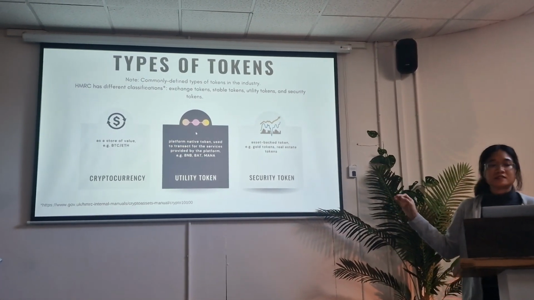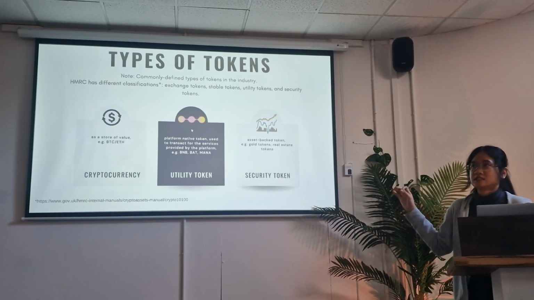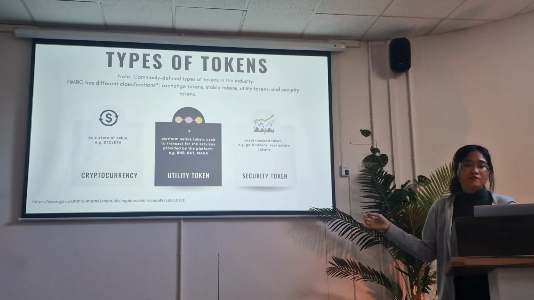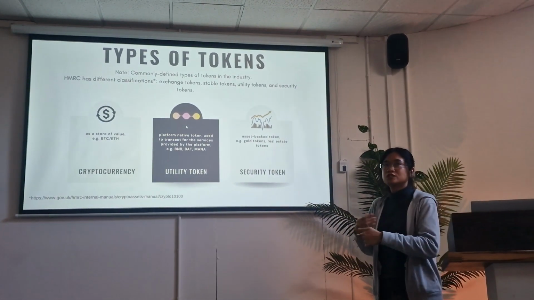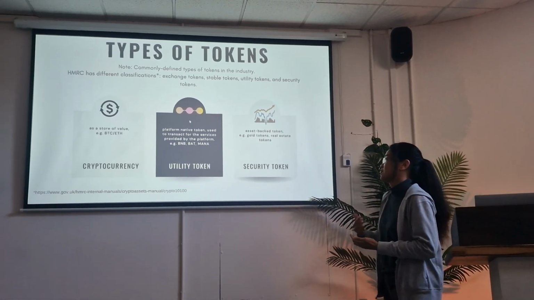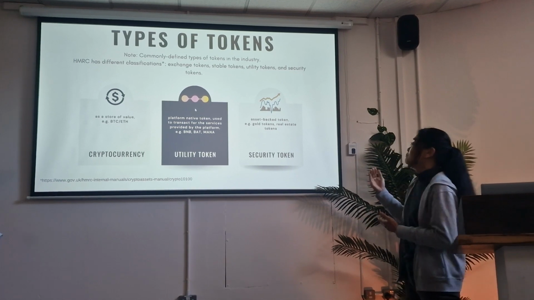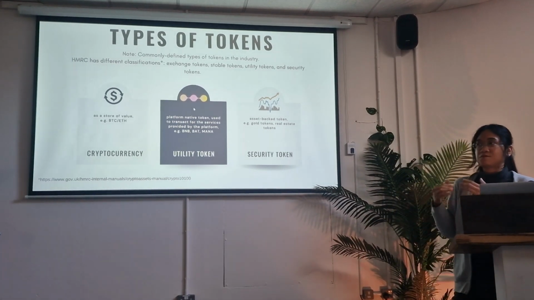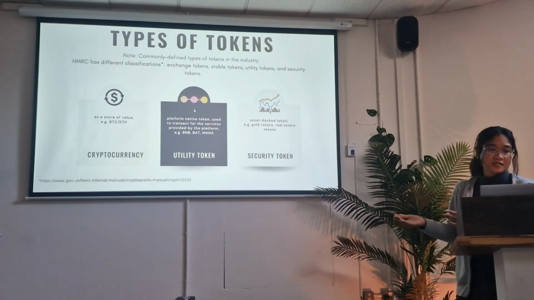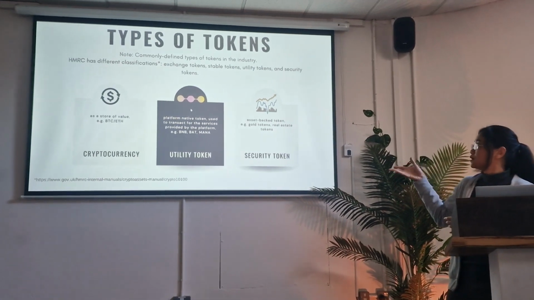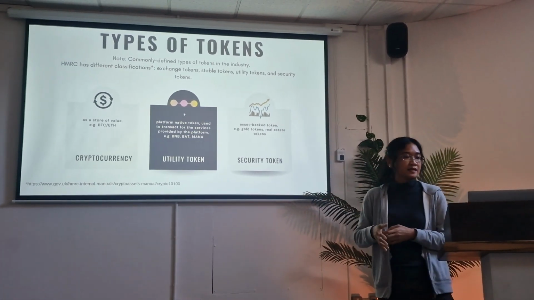First, cryptocurrency, which is the store of value, such as Bitcoin and ETH. The utility token is not just a method of exchange, but also a platform native token to pay for services, for example BNB, BAT, and MANA.